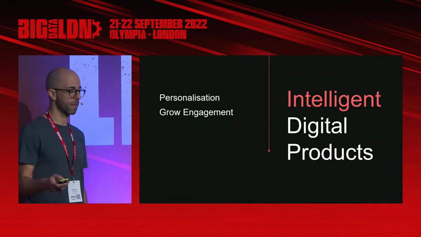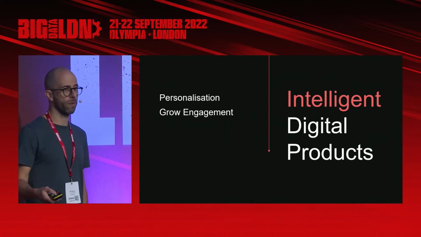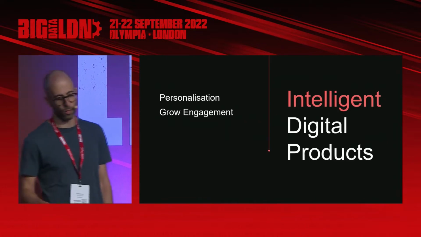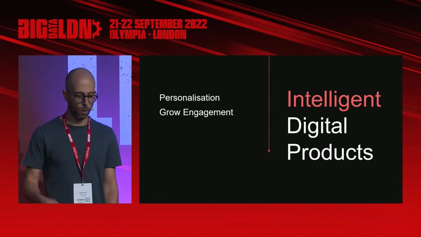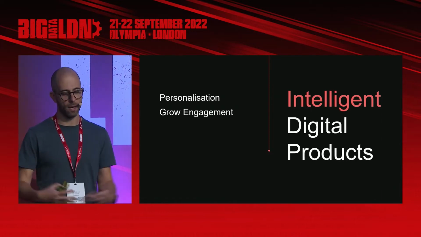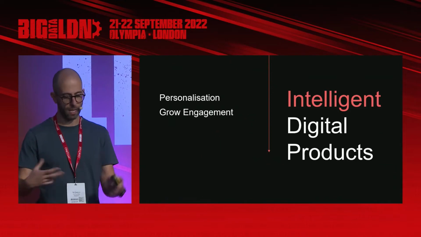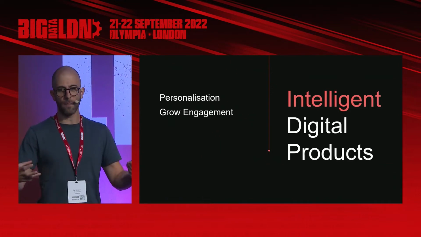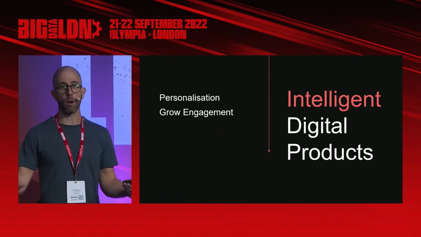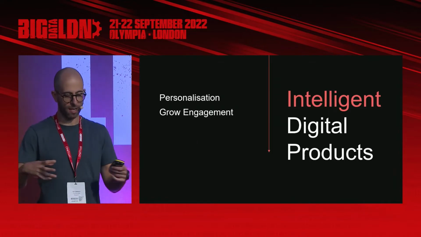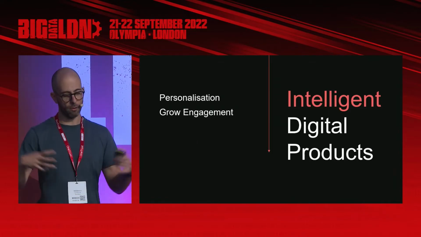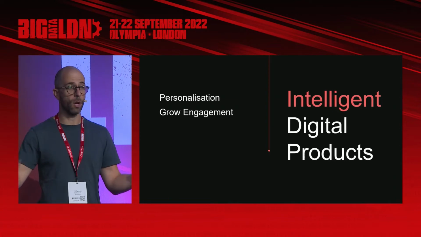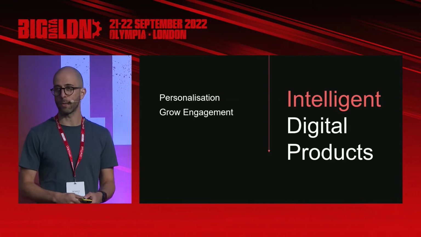Engagement was the second. Buying a car should be fun. People are passionate about automotive, passionate about what they drive, and if the experience can be fun, Auto Trader can grow engagement and can deliver more of that experience in their site and in their digital platforms.